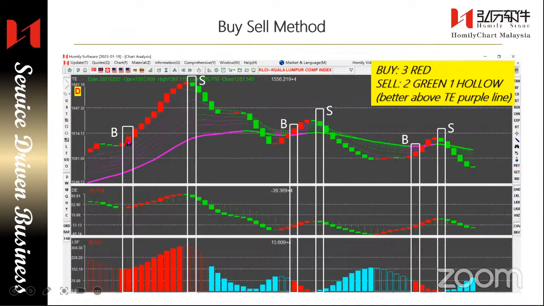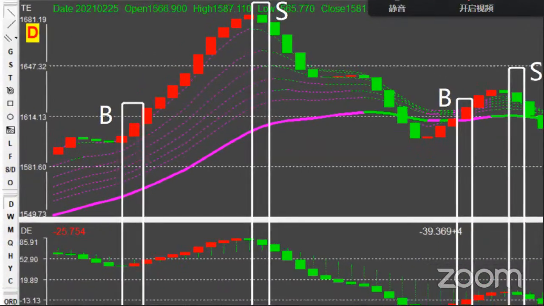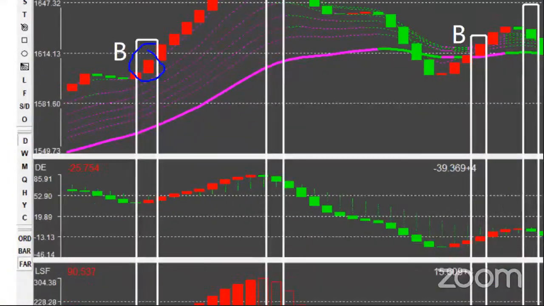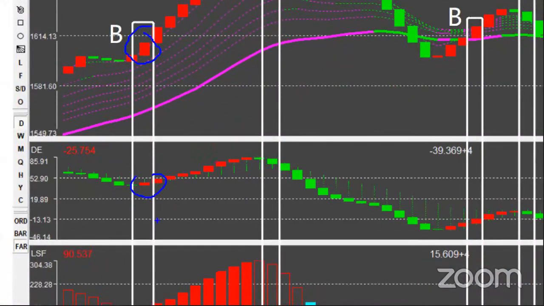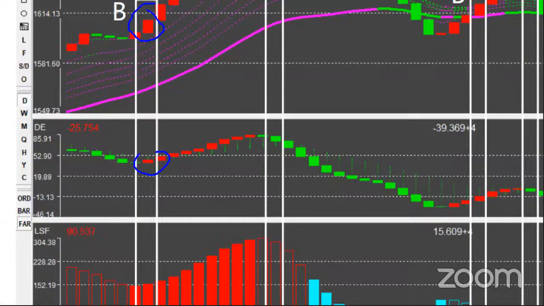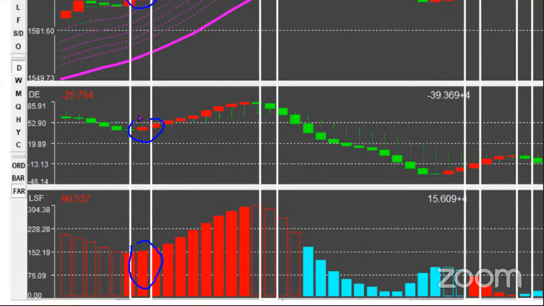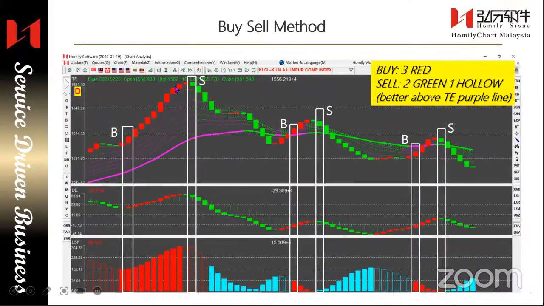This one, I zoom in the chart. I change to blue color. This one, red. This one, red. This one, red. So this is chi red. If you want it simple, this is the simplest. Chi red, buy.